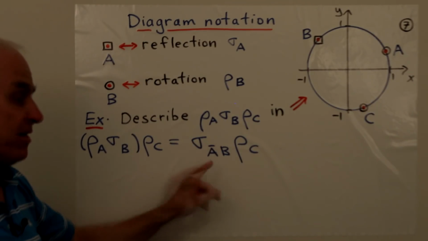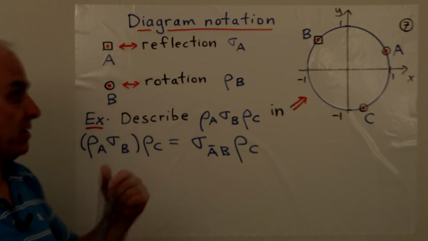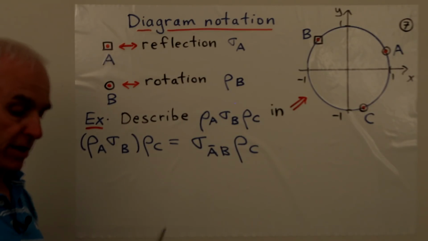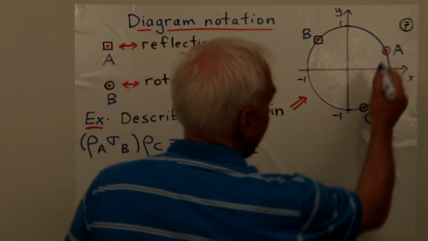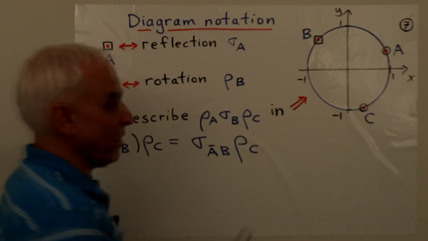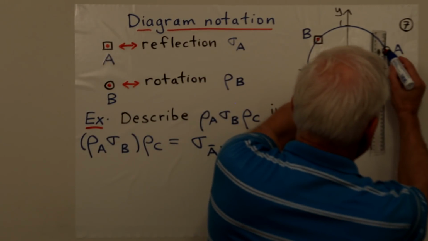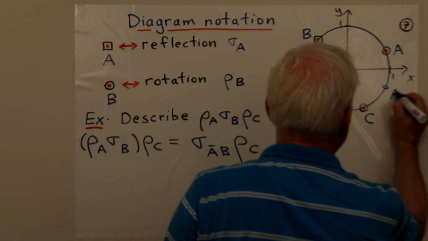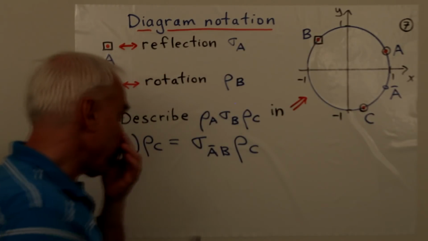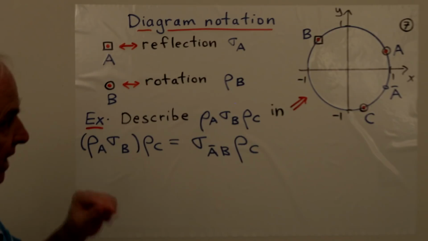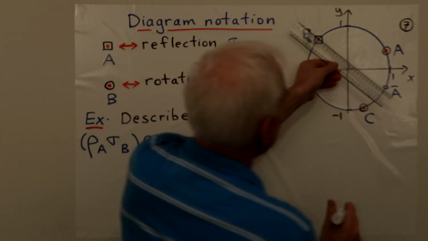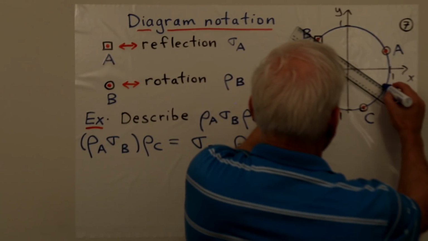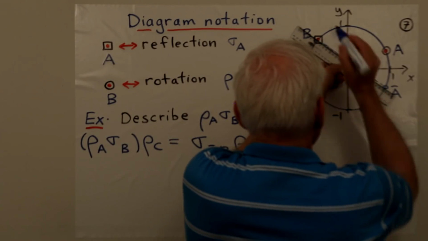So we need to find the point A bar B on our diagram. Okay, so let's do that. Here is A, and finding A bar is just finding the conjugate of it. So that'll be down there. So there will be A bar. And now we have to find A bar B, the product of A bar with B. So we should draw a line through those, a dotted line like that.